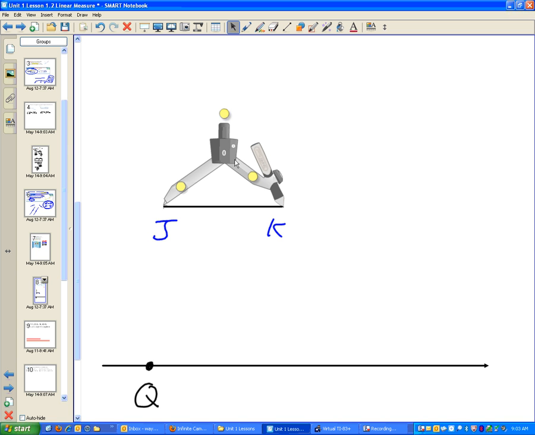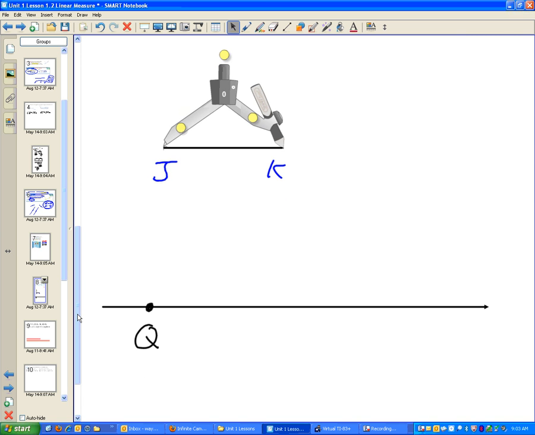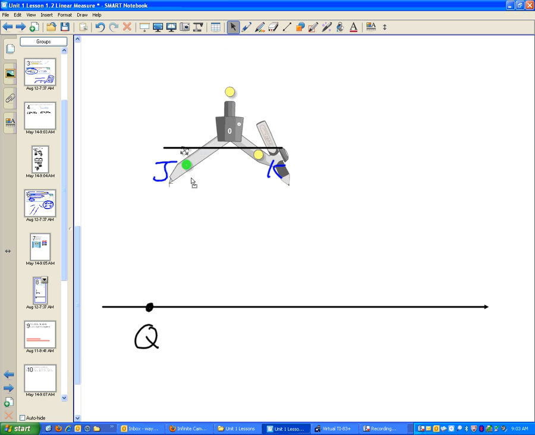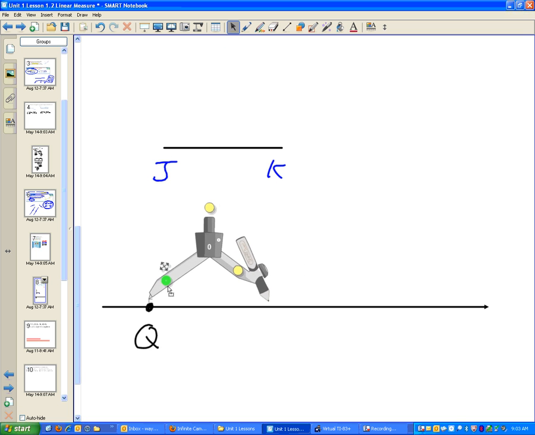Step 3, using that setting, place the compass point at Q and draw an arc that intersects the line. Label the point of intersection R. So without moving the compass setting, I usually blow this. Let's see if I can do it right. I move this down here and set that right on Q. Since the distance between the point of the compass and the pencil of the compass didn't change, it's still the same.